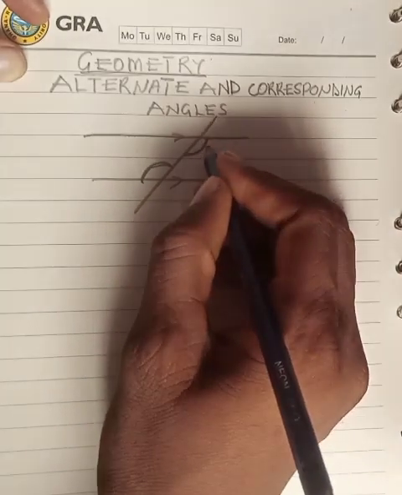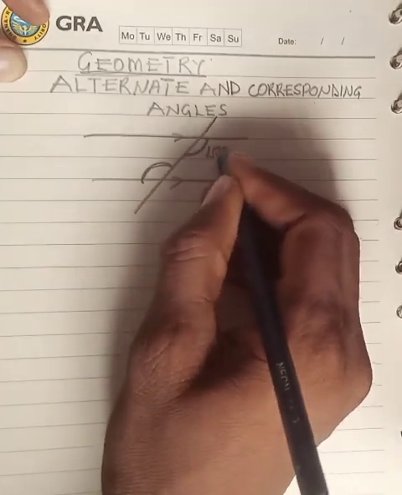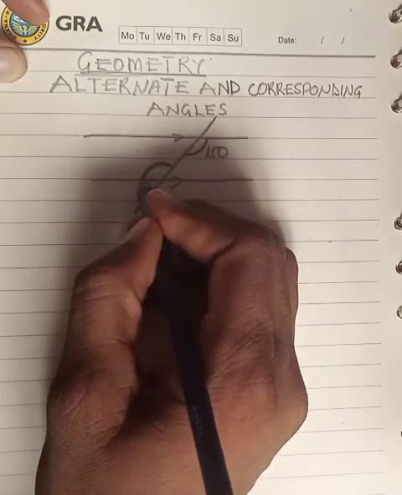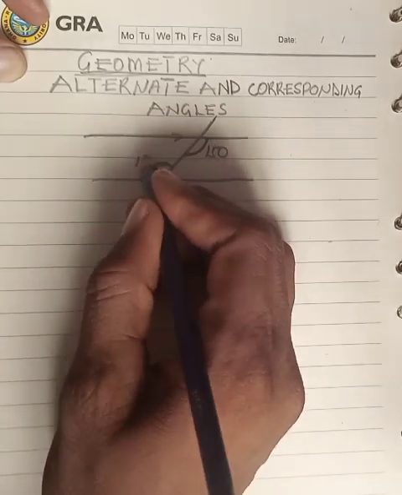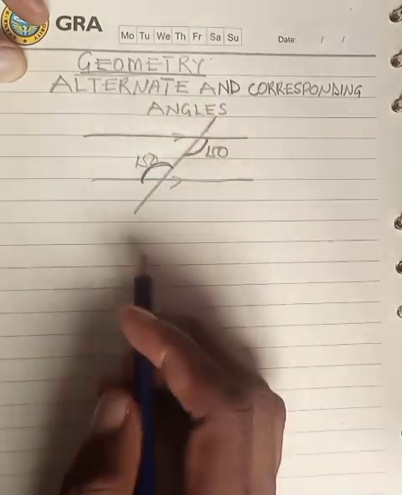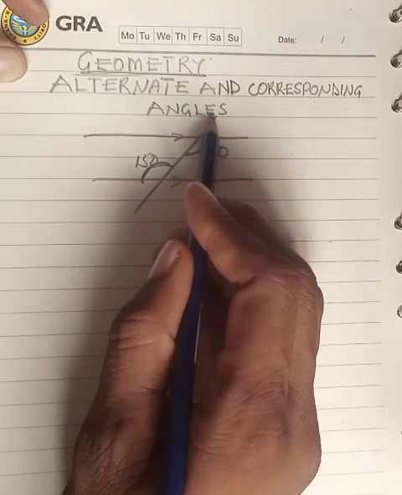So if this angle is 150, then the angle here is also what? 150 degrees.